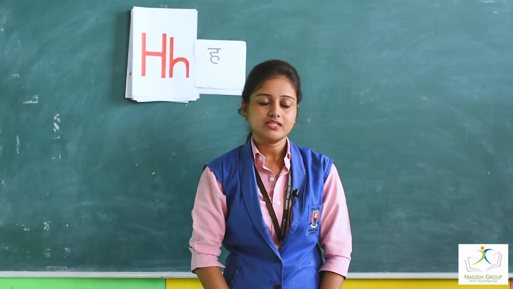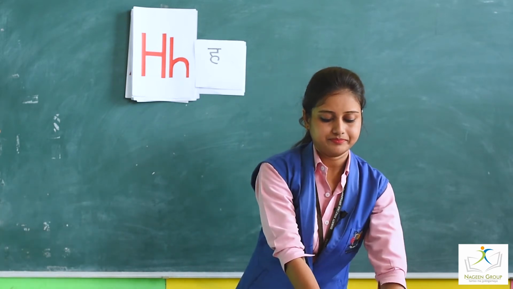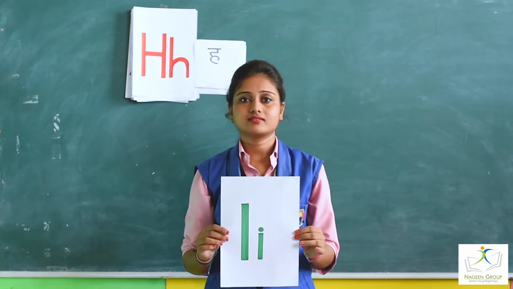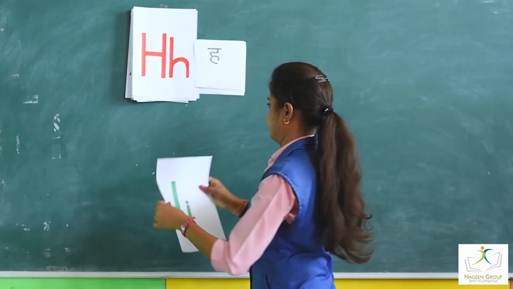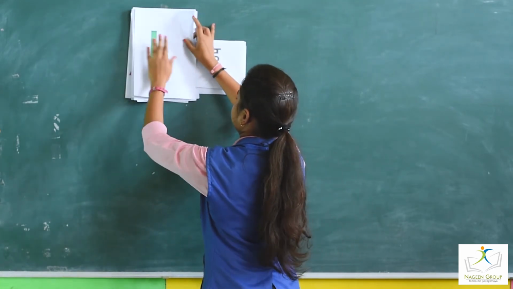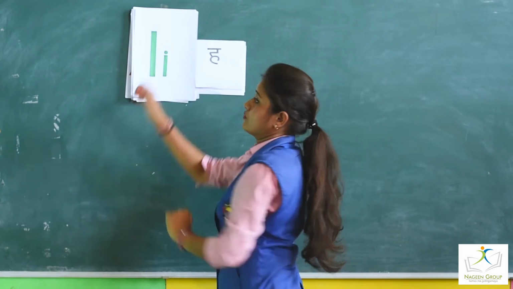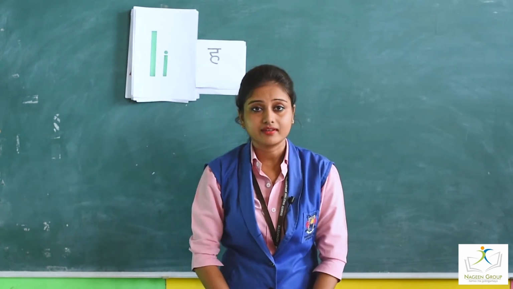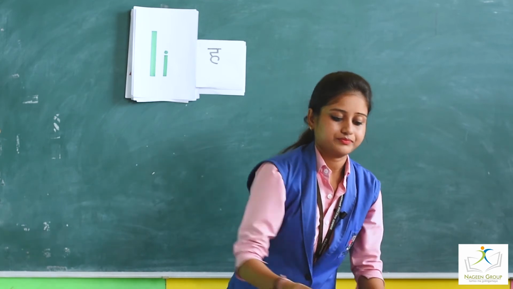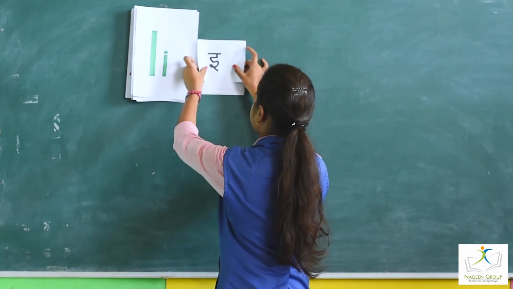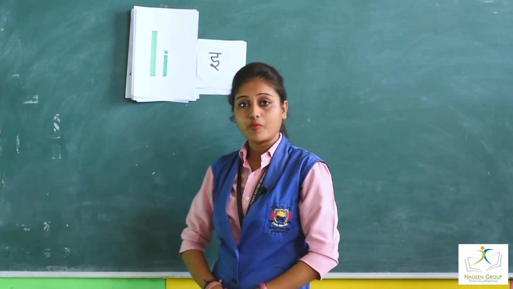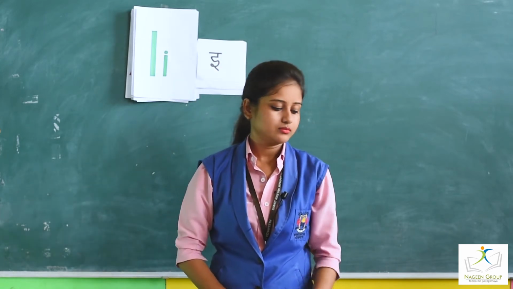Next, I have the letter I. What is the sound of letter I? Letter I also has two sounds. One is E, as in ink pot, igloo.